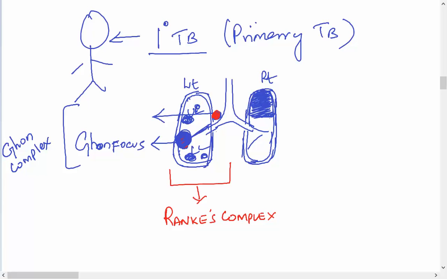The oxygen tension is very high in the apex, so they go to the apex and involve the apex of the lung completely. This is called secondary tuberculosis. If in an X-ray you see an apical lesion, you should think of secondary tuberculosis.